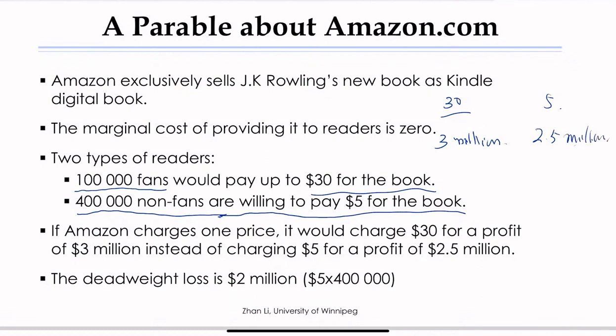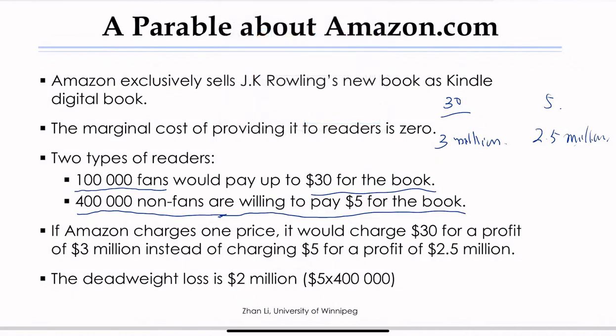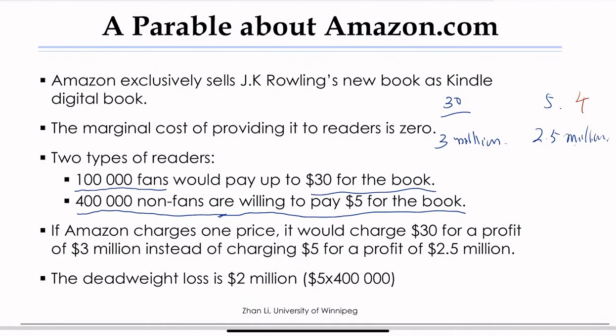Do you want to set other prices? Let's assume you want to set a price of 4. You will still sell 500,000 books, and your profit will be lower, right? So you will not want to set a price of 4. In fact, you will not want to set a price which is lower than 5.